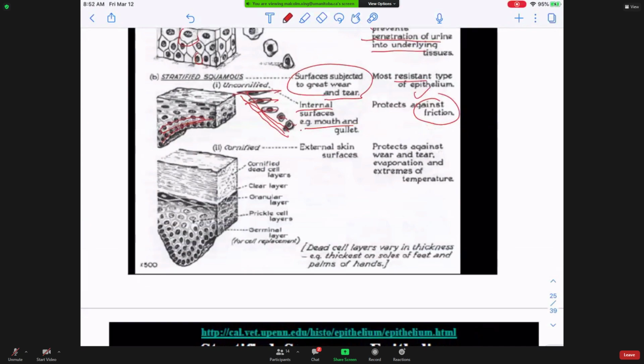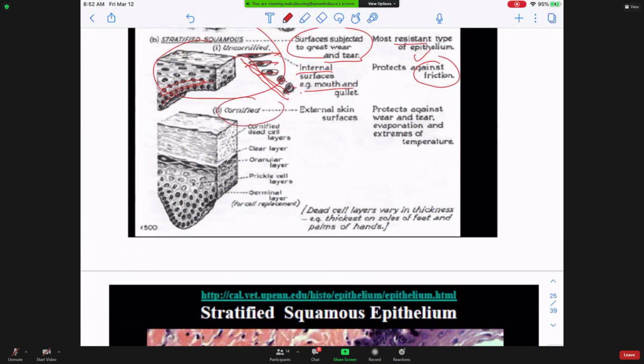Think about a future robot with very low friction: you can follow this kind of tissue to make a biomimetic, very smooth robot. And that's the cornified external skin, which has no living cells.